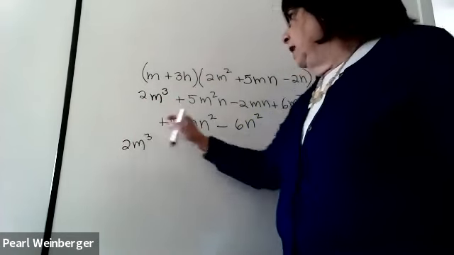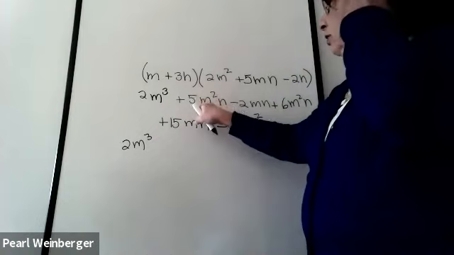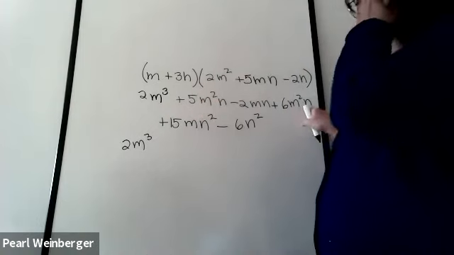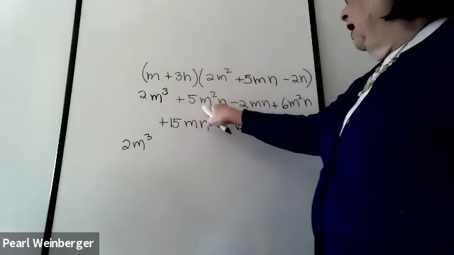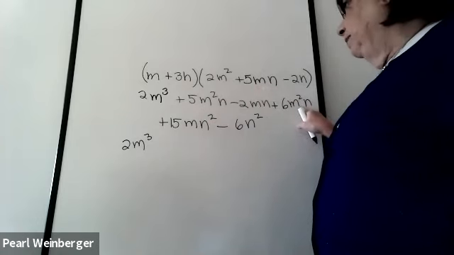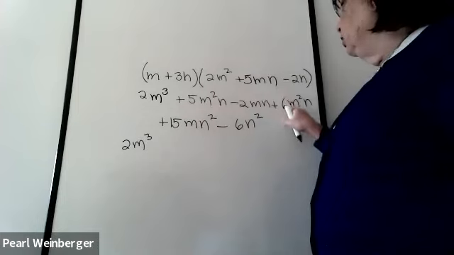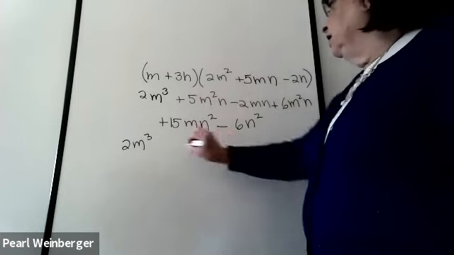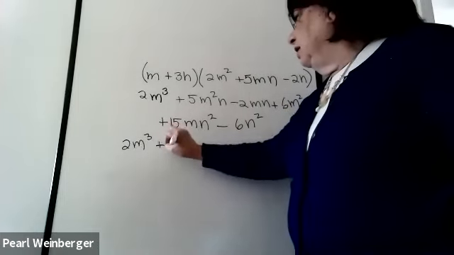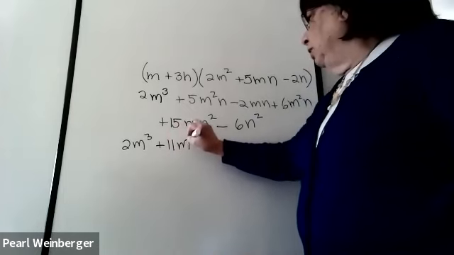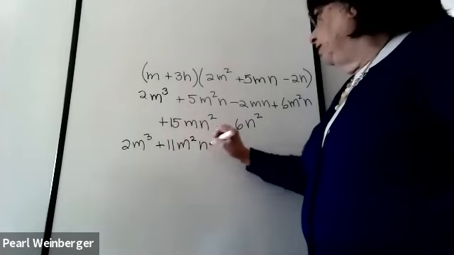Now I have an m squared n. Is there anything else that's m squared n? Yes, there is. There's this m squared n, a 5m squared n, and a 6m squared n. Those are like terms, so we add the 5 and the 6, and we get plus 11m squared n.